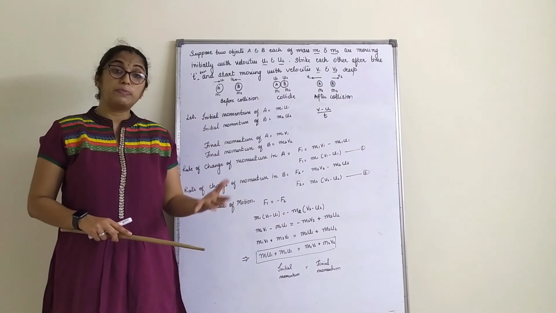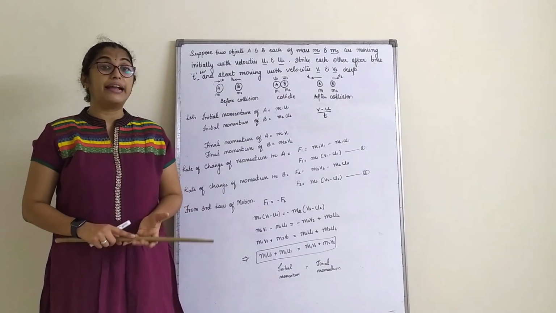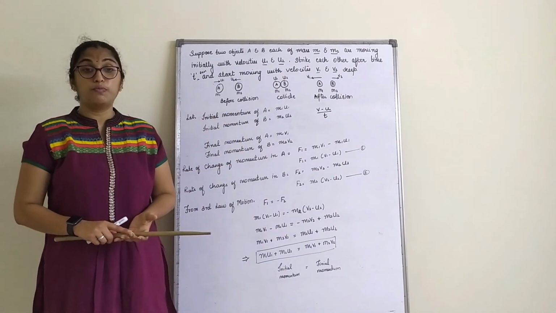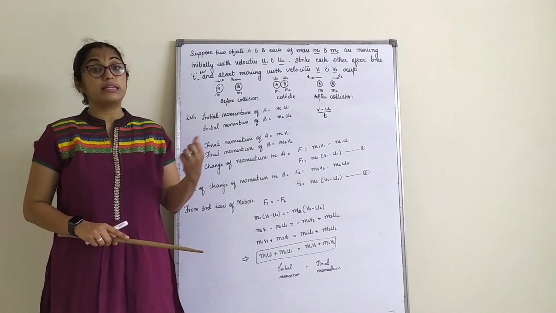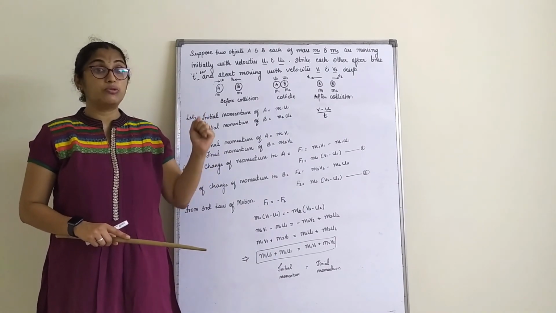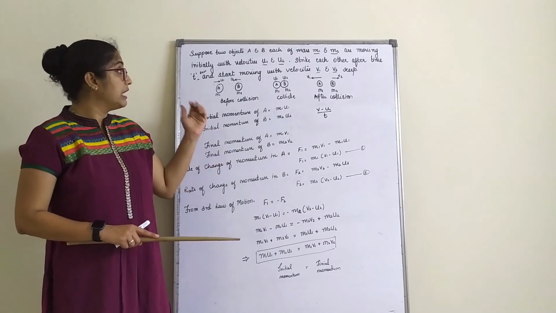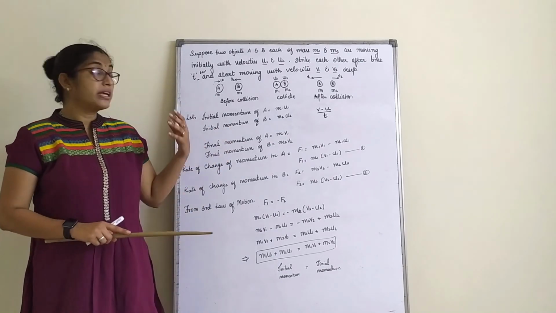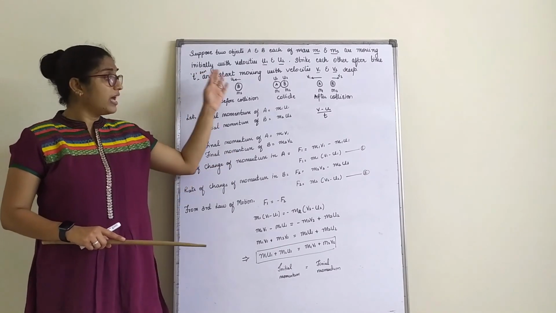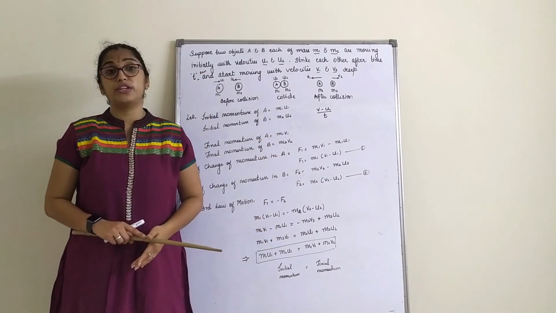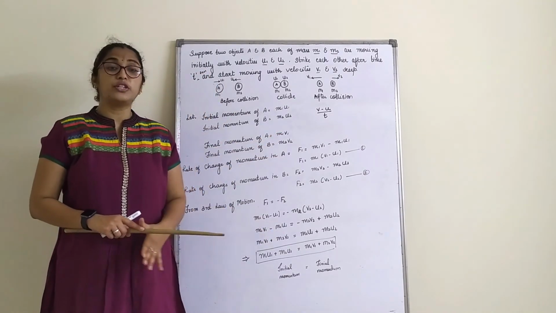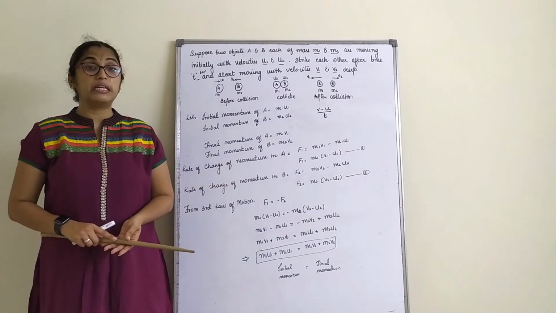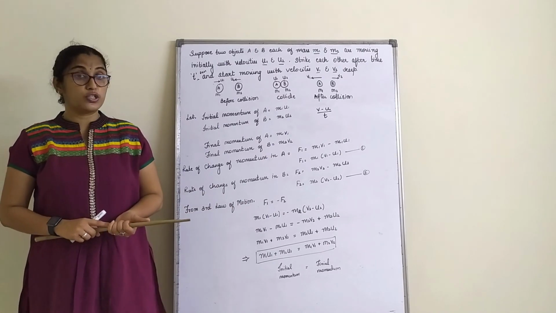So applications based on the second law of motion, and very important is mathematically deriving the second law of motion and also understanding what is the SI unit of force, that is Newton. Then Newton's third law of motion, what we have done in today's class, its applications and the derivation of the law of conservation of momentum. So two derivations in the chapter, both are equally important. With this, we conclude the chapter force and laws of motion.